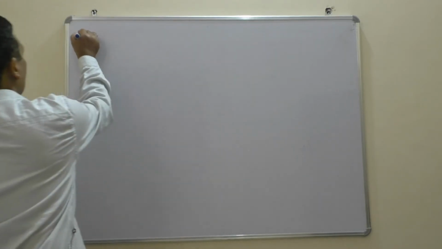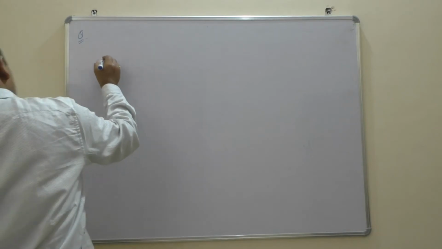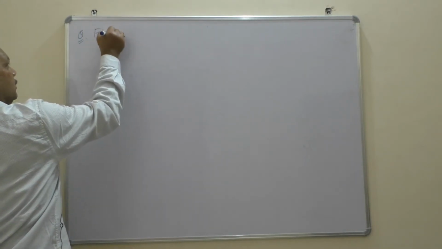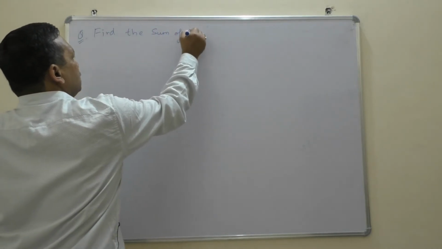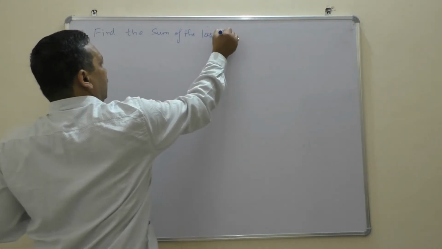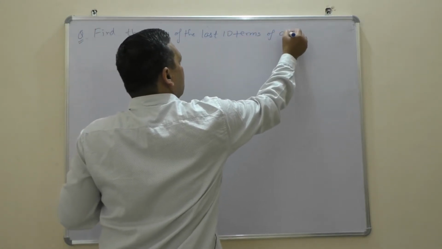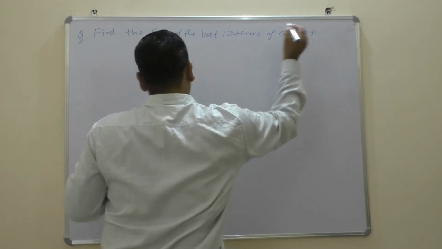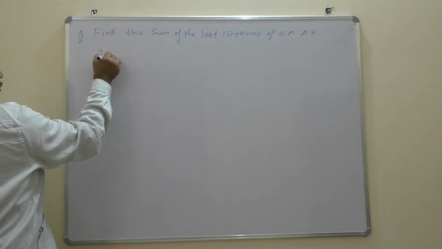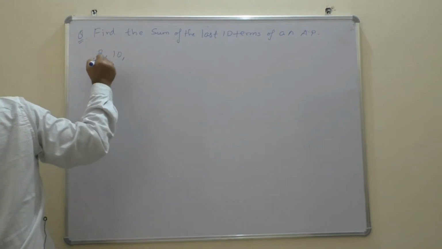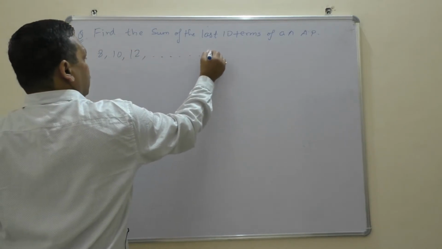The question is, find the sum of the last 10 terms of an AP whose terms are 8, 10, 12 up to 126.